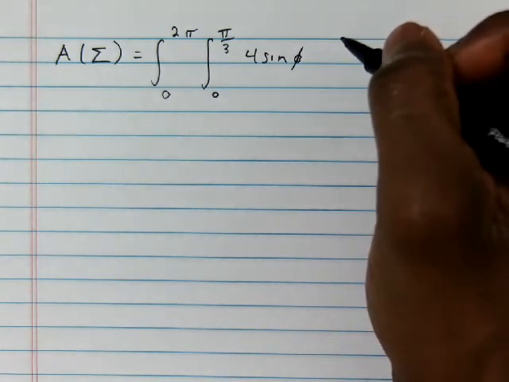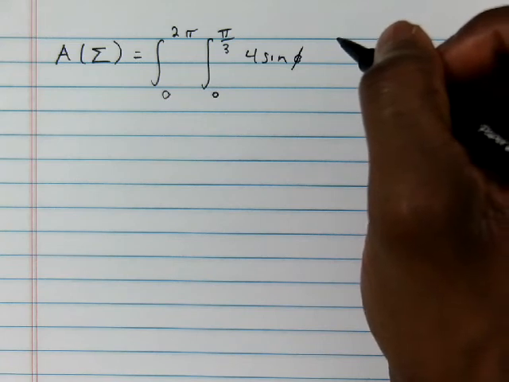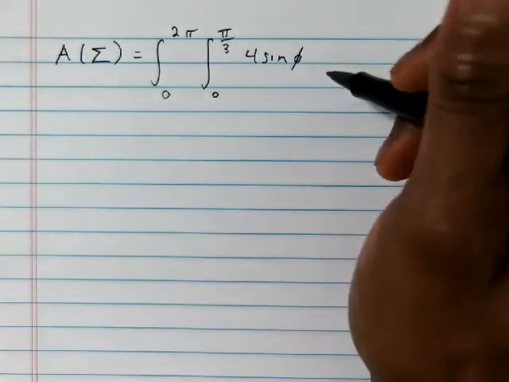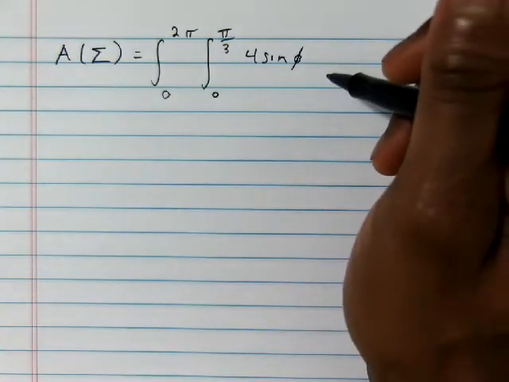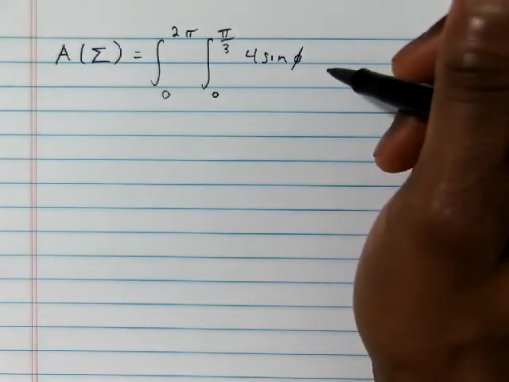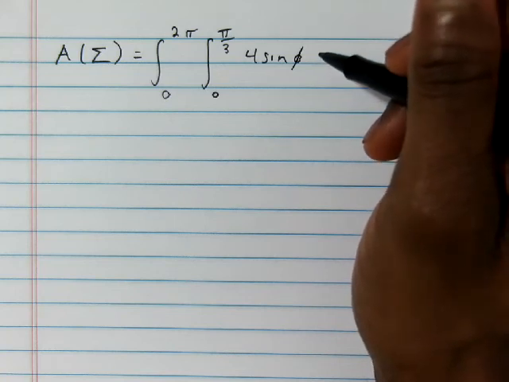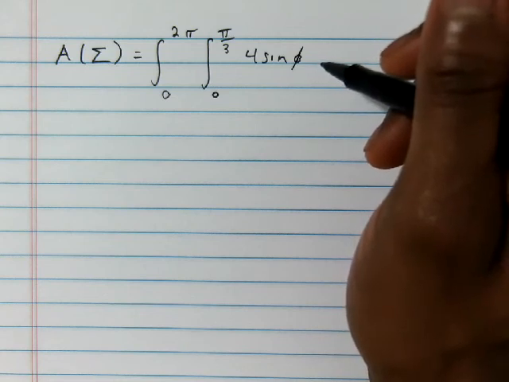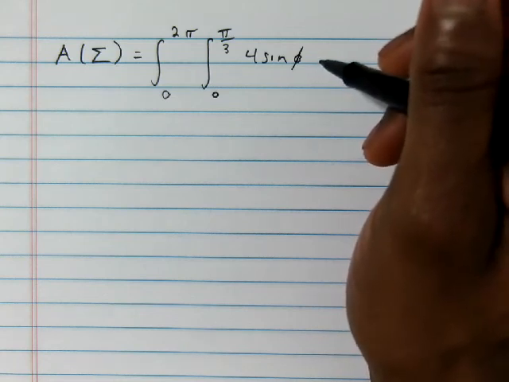But that's not what we did here. This is a surface area problem. It's a double integral, so that's your first hint that there should be no rho squared sine phi in here. Also, because rho is not varying at all, we know that we're not really using spherical coordinates to integrate. We're using spherical coordinates just to parametrize our surface, and that was already given to us.